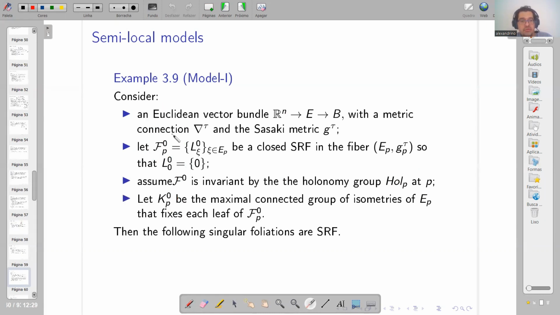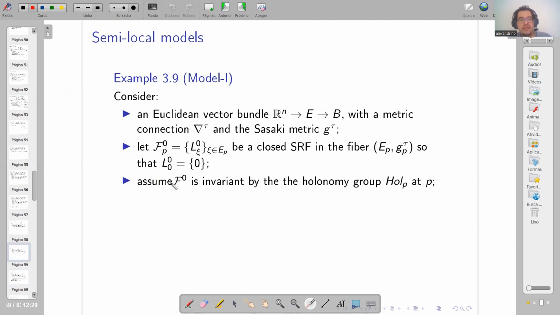So there is some kind of compatibility with this data and this guy. And now these are the elements that we need. We need a fiber bundle. We have here a singular Riemannian foliation in a vector space.